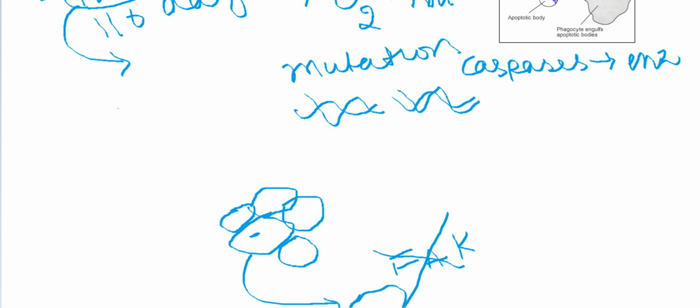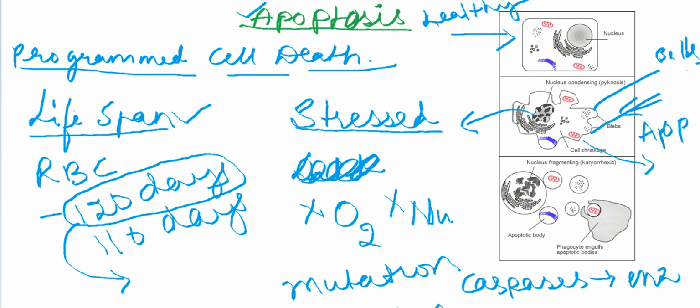If this is disrupted, then this cell detaches from its neighboring cells and is no longer surrounded by the nearby healthy cells. So the caspases have pulled out the unhealthy cell from the healthy cells.